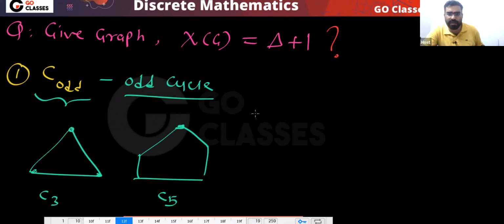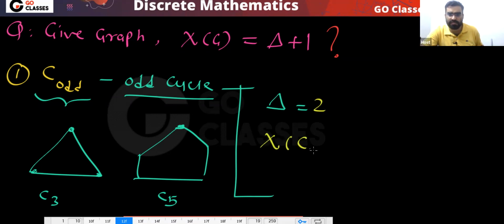Tell me, what is the maximum degree in an odd cycle? The maximum degree is 2, correct? But what is the chromatic number of the odd cycle? That is 3. So you can clearly see that the chromatic number is equal to 2 plus 1.